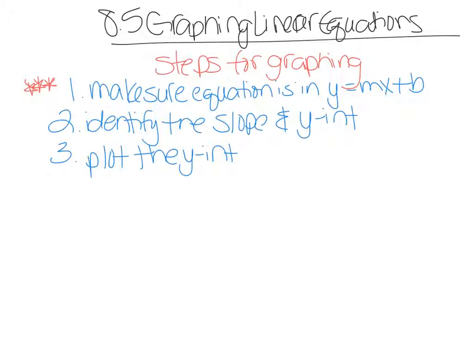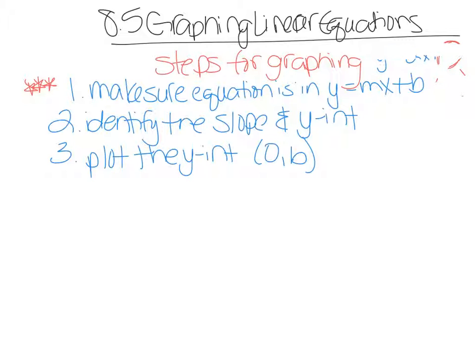That b, as a point, is going to be (0, b). So if my equation is y equals 2x plus 1, my b is this 1, so my y-intercept would be (0, 1). That's what I mean by that b.